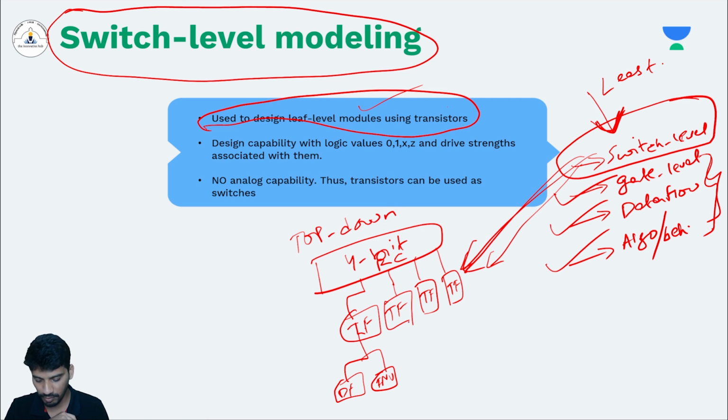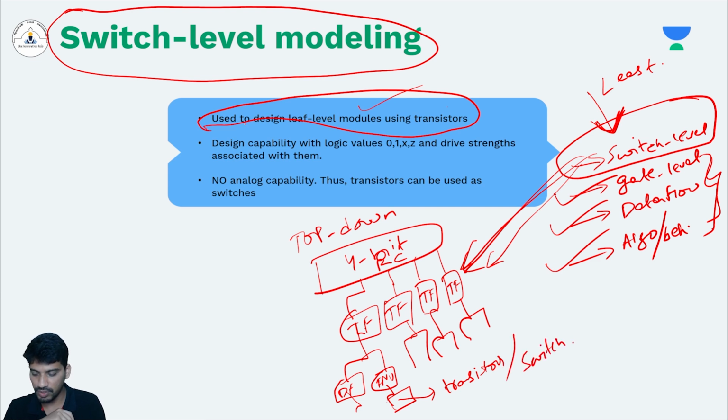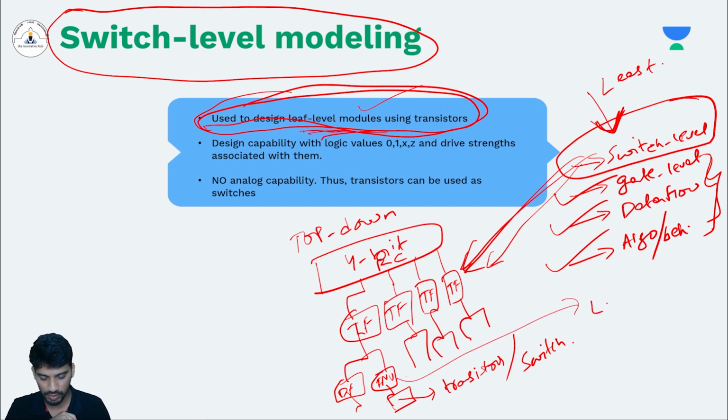Each T flip flop is made up of a D flip flop and an inverter. So inside each D flip flop or inside each inverter there will be transistors, or you can say switches. So the switch level modeling is used to define these leaf level modules. These are called leaf level modules, right?